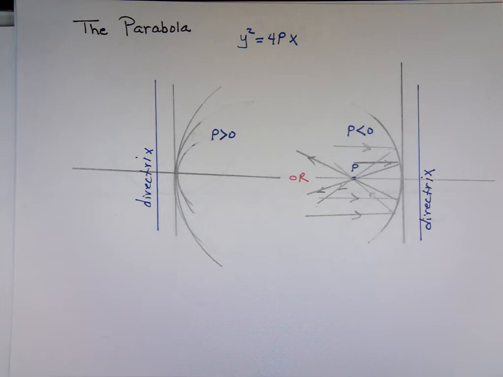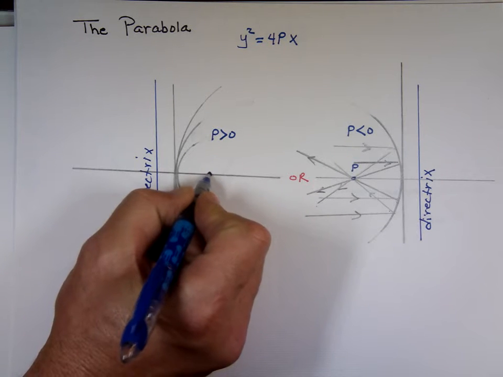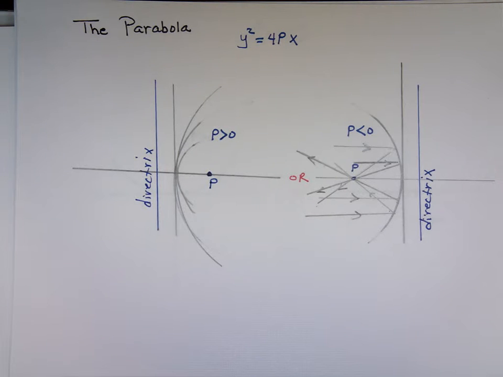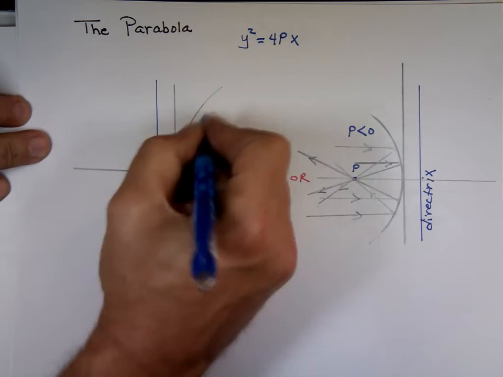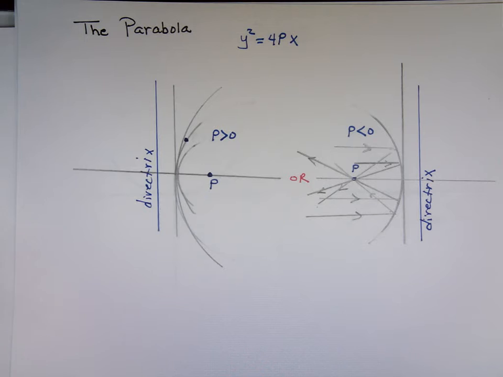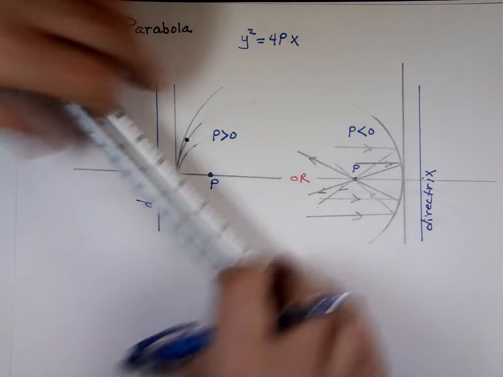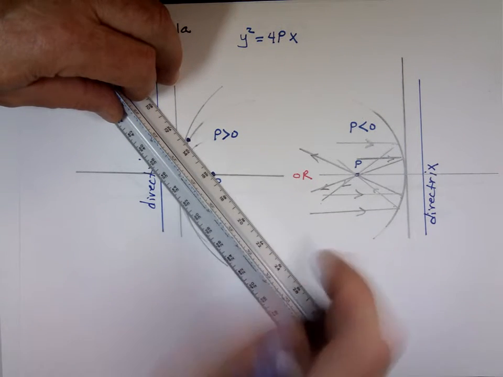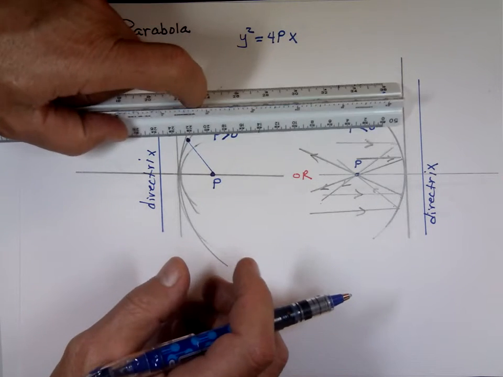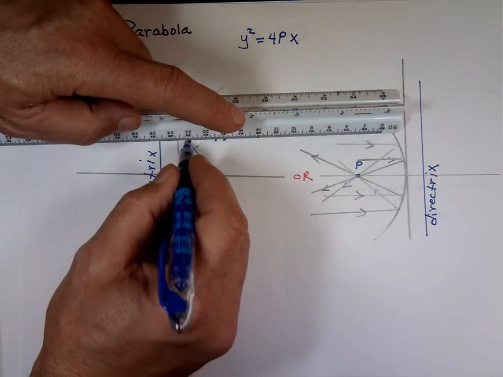If this is my focal point, P, what the Directrix is telling us, if you pick any point on the graph, any point, the distance, like for example, let's say I'm looking at the middle one. If I pick that point, if this is the right graph, that distance from here to here should be the same distance as to here, to the Directrix.